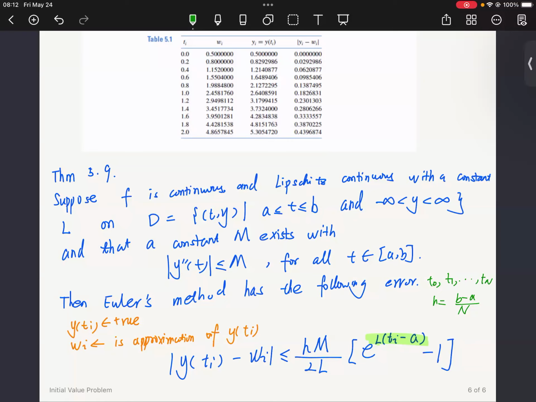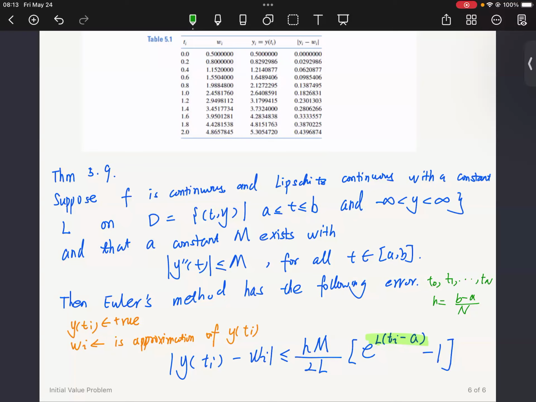And this is how mathematics researchers, especially numerical methods researchers, do this. First they run some numerical examples, and then they observe some phenomenon, and they prove the theorem, and then double check if we have the phenomenon in the numerical example, and whether we can use the theorem to explain the phenomenon we observe.